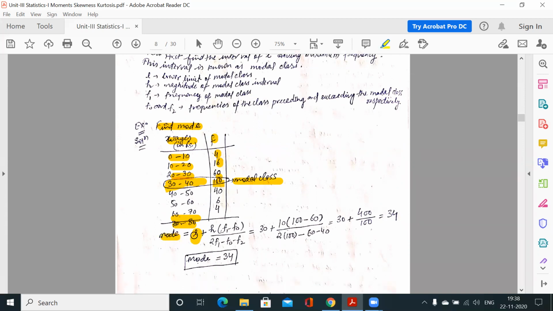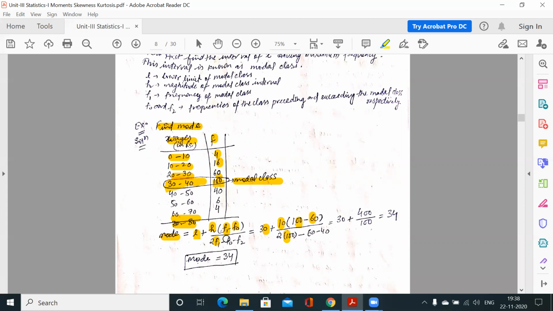So what is the formula? L is the lower bound of this modal class, 30. H is the absolute difference between the interval points. For 30 to 40, the difference is 10. F1 is the frequency of the modal class, so 100. F0 is the frequency before the modal class, so 60. And 2F1 means 2 into 100.